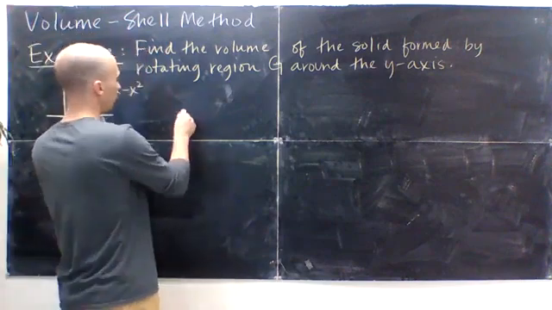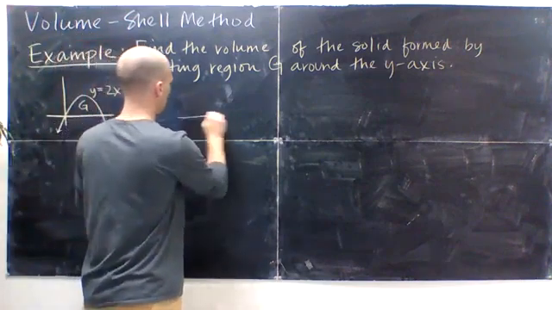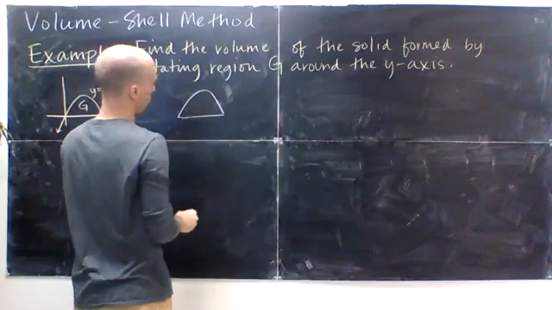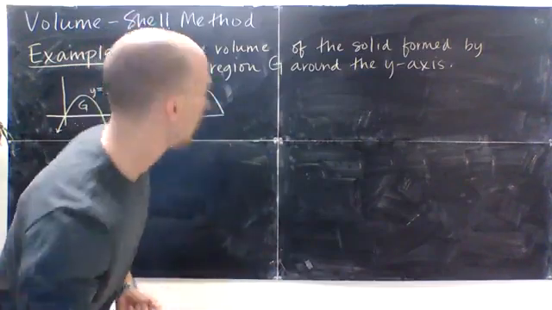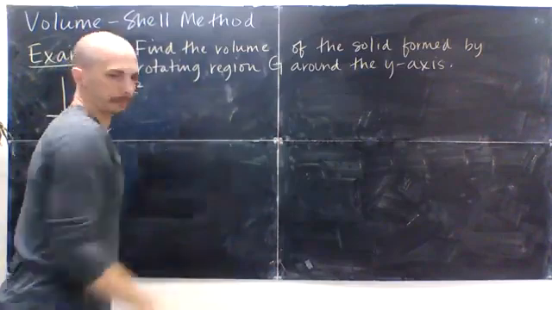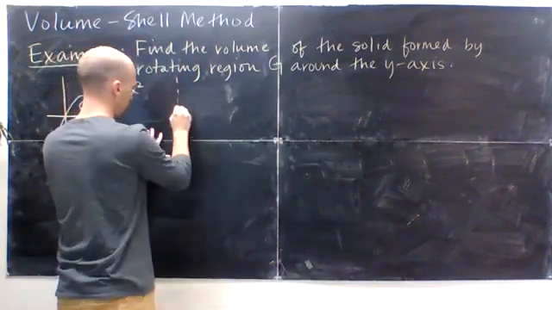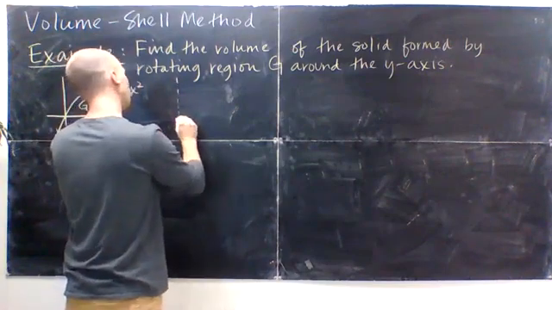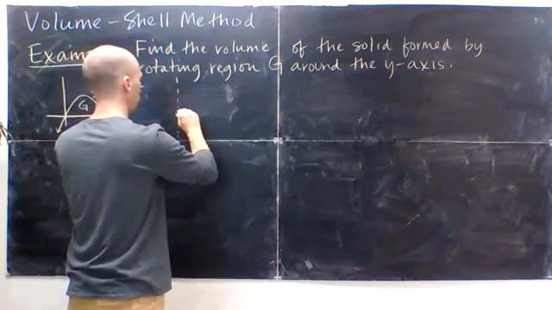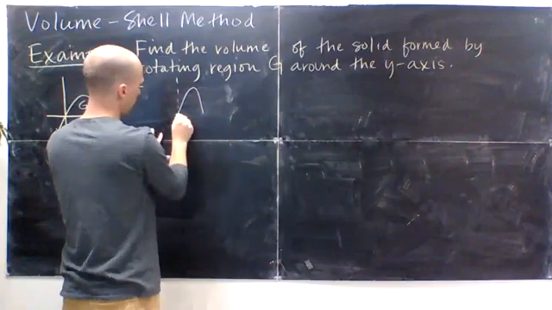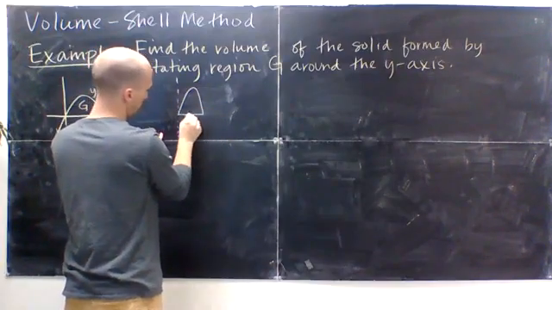It would be to start off with the region we're going to be rotating. That wasn't a very good drawing. I can do better than that. Start with the axis of rotation, and then I'll draw that. That might be better. And then I'll draw the bottom of the region.